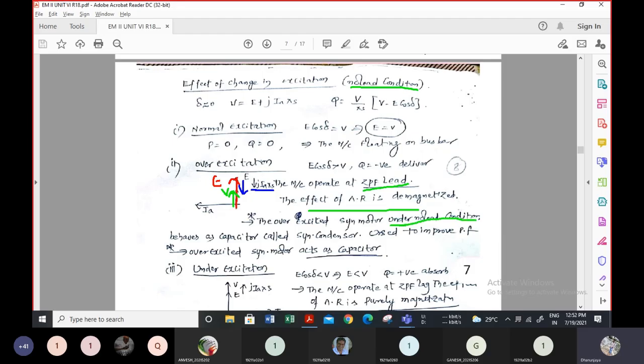The synchronous generator is converted into a motor and operated under no load condition.